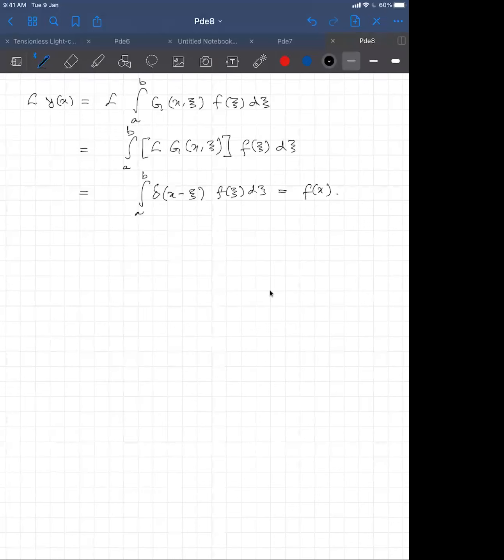Remember that L is a differential operator of only x. So L acts on G and does not act on f. So that's good.